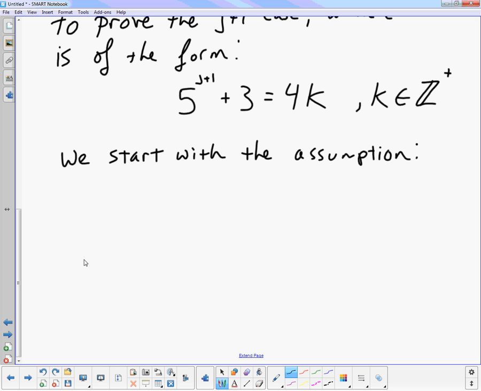And the assumption was 5 to the j plus 3 was 4k. Now we got to turn it into the other one, the upper term.